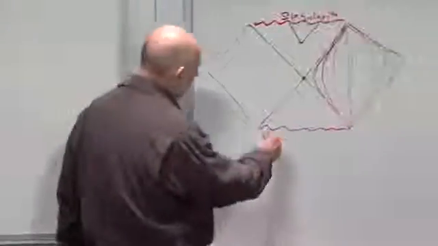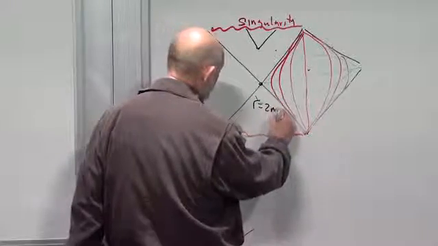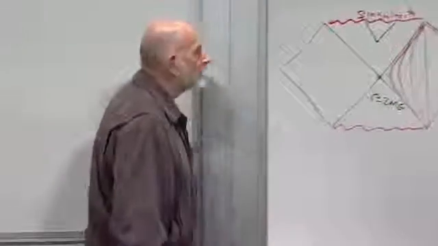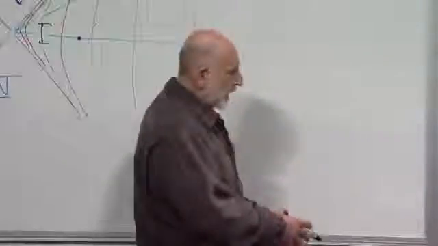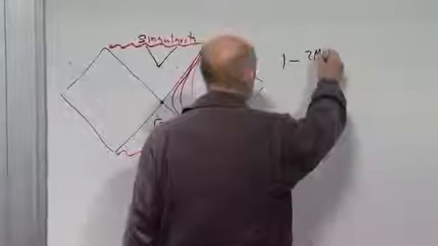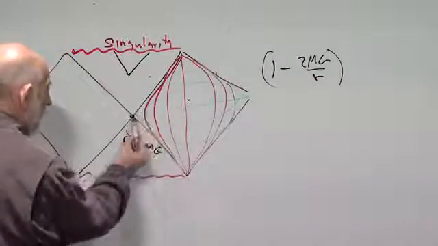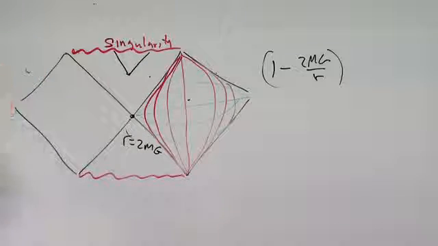That's the place where r is equal to 2mg, Schwarzschild R. Remember, it's the place where 1 minus 2mg over r changed sign. As you came in, you suddenly changed sign and went off in a light-like direction. All right, so that's what it looks like.